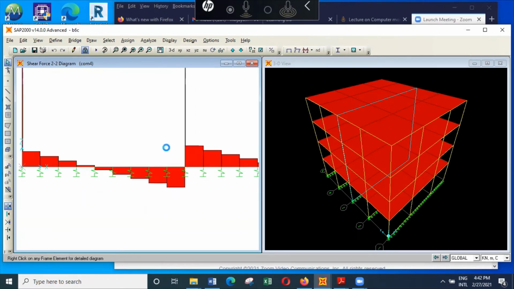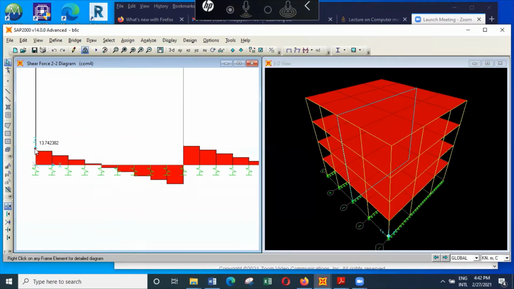But you can always consider that it's going to vary linearly from one end to the other. So when you are doing the shear calculations, you can consider that it varies linearly. Those are things you can see from the model.